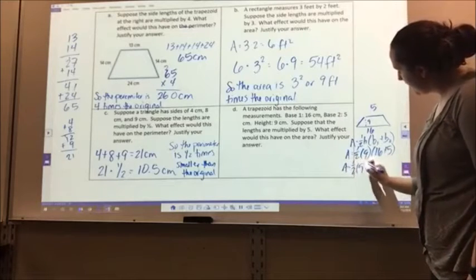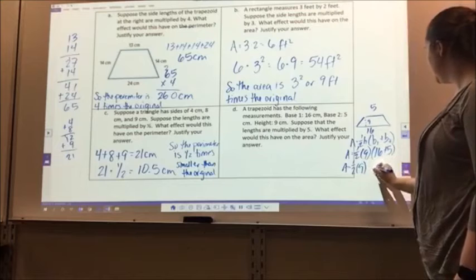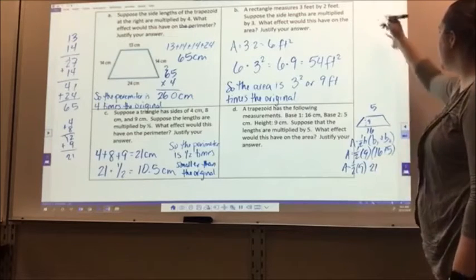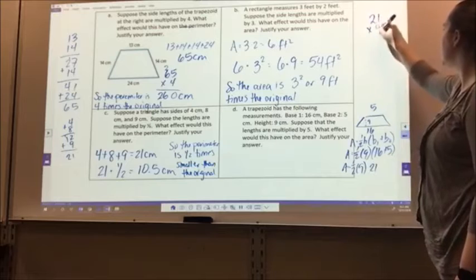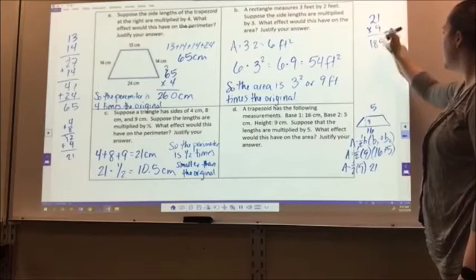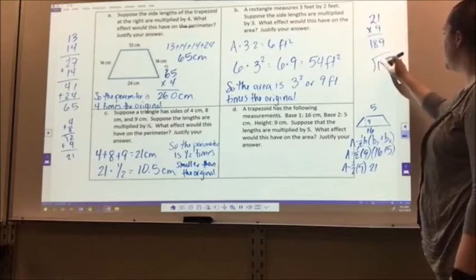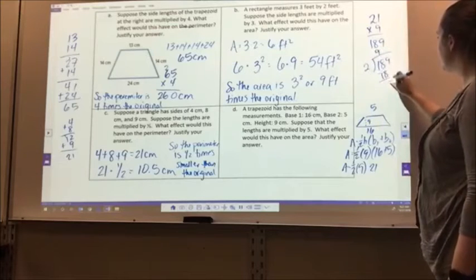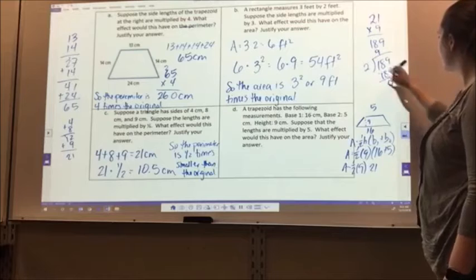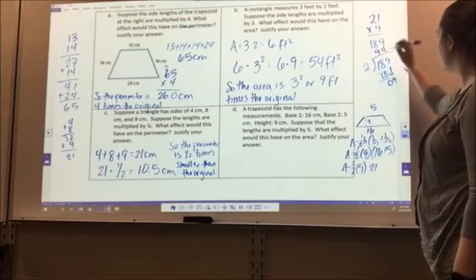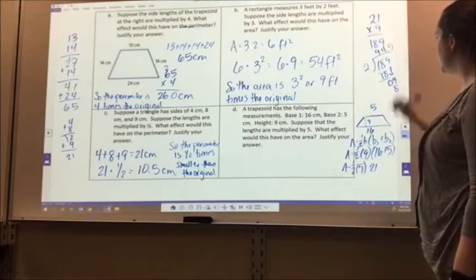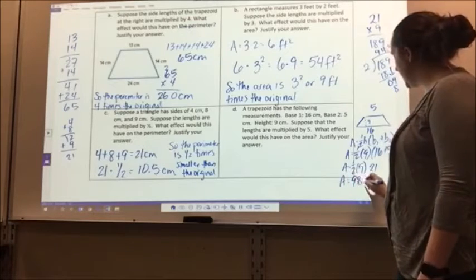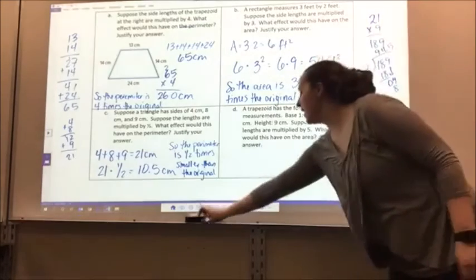So 16 plus 5 is 21. So 21 times 9, 189, and then I'm going to divide that by 2. That's 94.5. So my original area is 94.5.